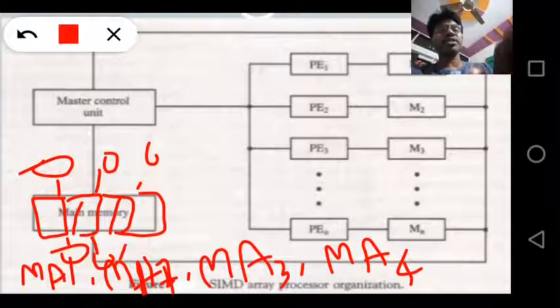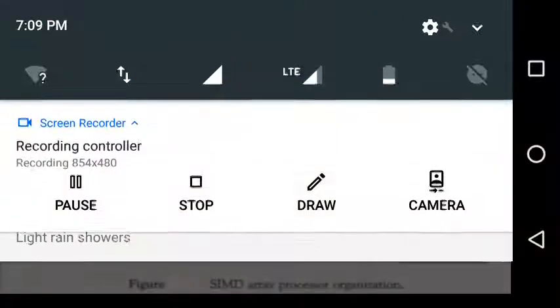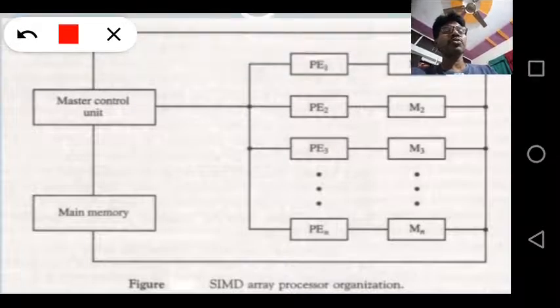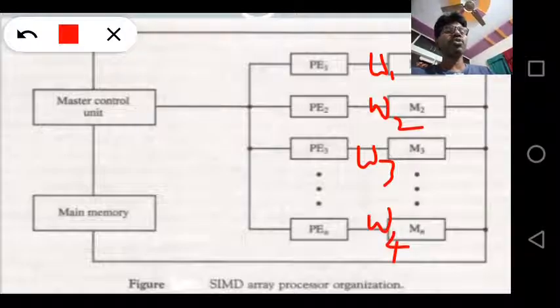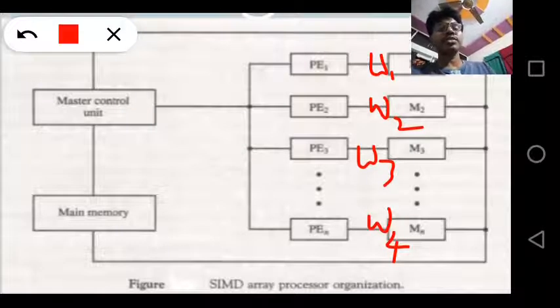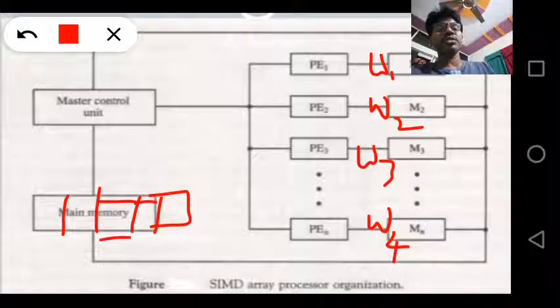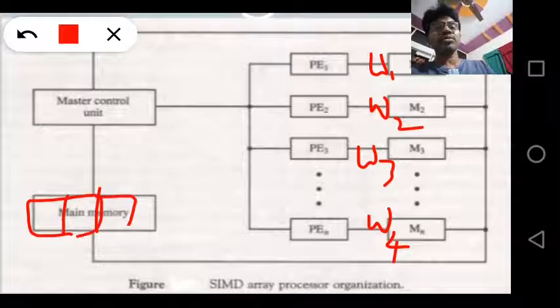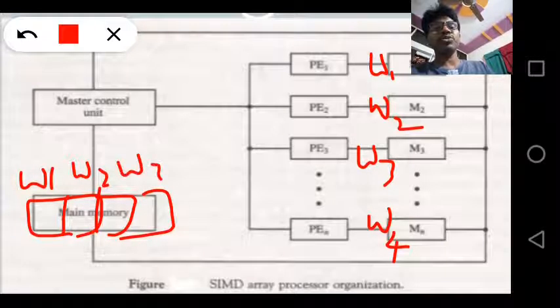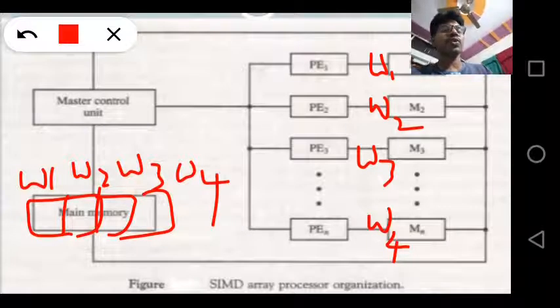By this way, if processing element 1 wants to access W1, processing element 2 wants W2, processing element 3 wants W3, and processing element 4 wants W4, so each memory array contains W1, W2, W3 and W4.